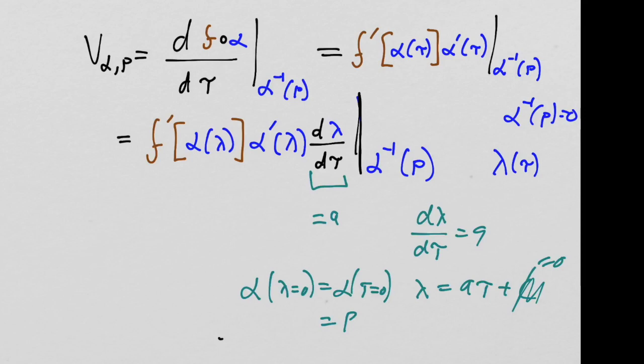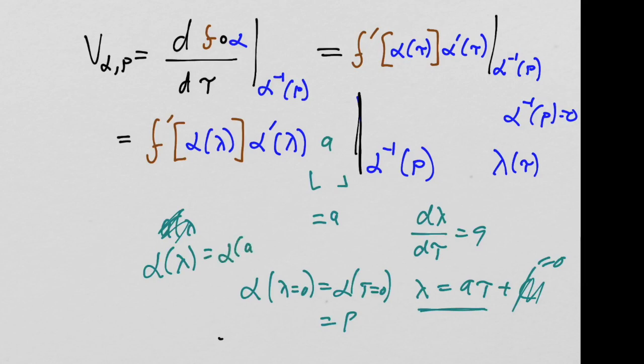So if I set this guy here to equal a, then this term here would become a, like that. Now, if that equals a, then I know that lambda equals a tau, and therefore alpha of lambda simply equals alpha of a tau. And this is a different curve in our set.